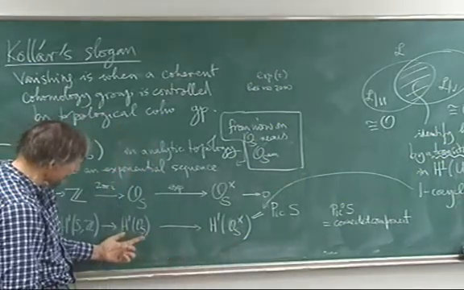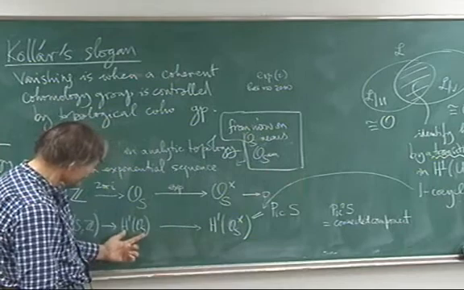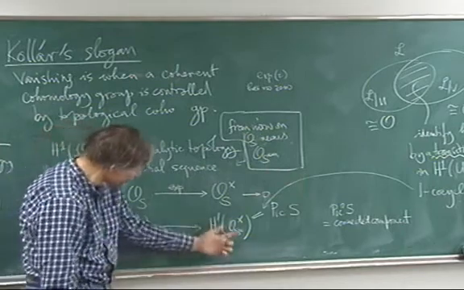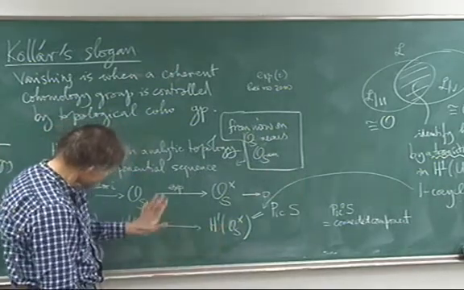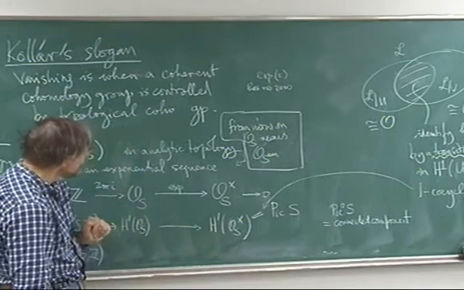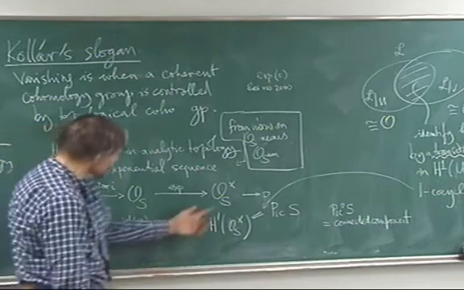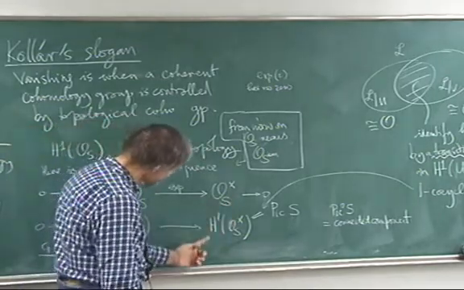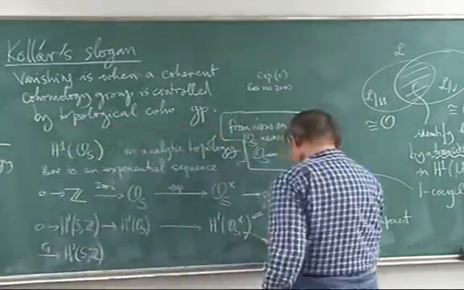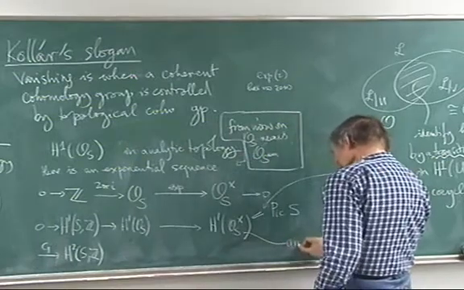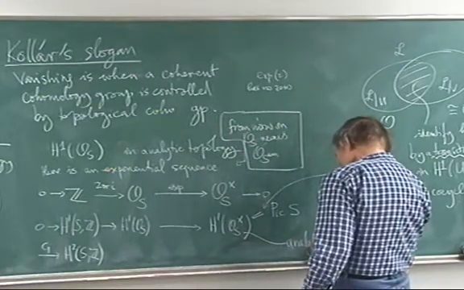And this map here, the exponential map from a vector space onto this, so this guy is an analytic group.